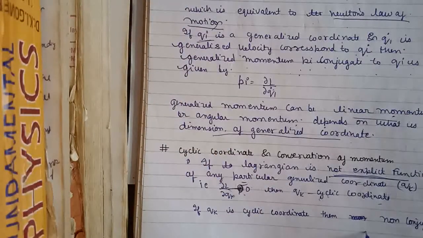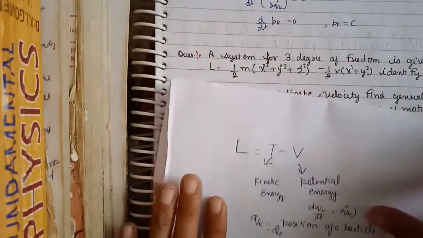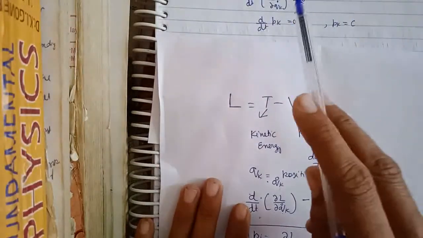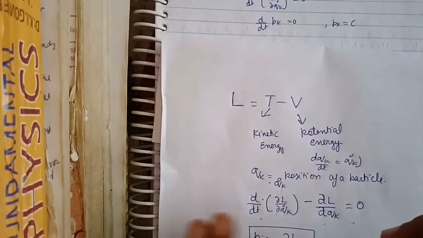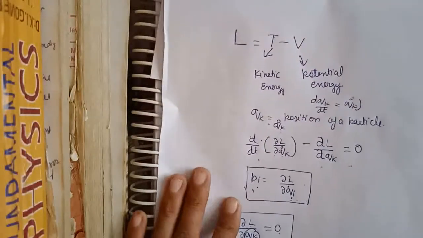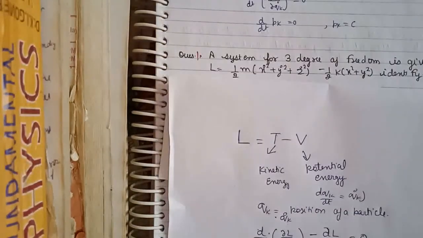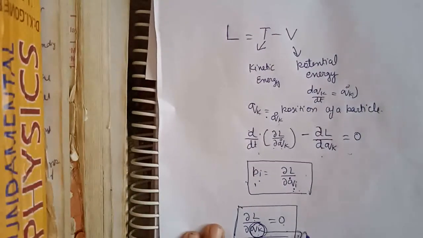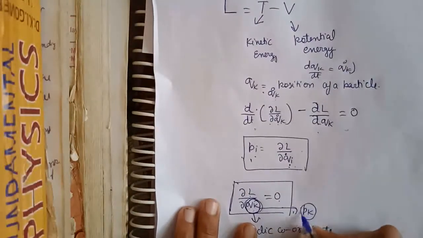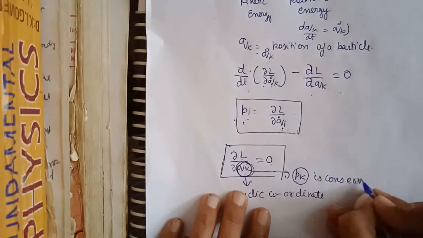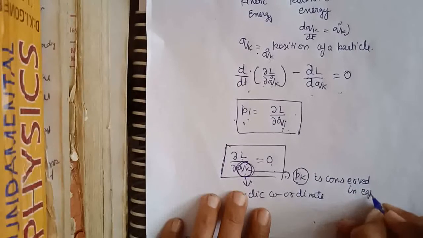If qk is a cyclic coordinate, then the momentum pk conjugate to qk will be conserved during the motion.